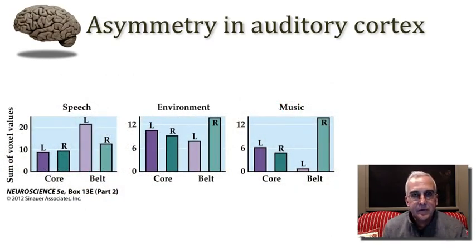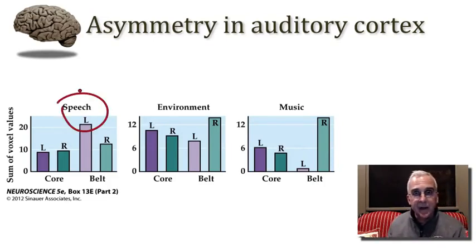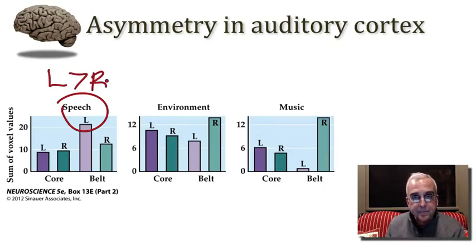And finally, I'd like to show you just a little bit of data on this point of asymmetry in the region of the auditory cortex, and just highlight some of the specializations that we're beginning to learn about this fascinating part of the brain. As you listen to my voice, there is a greater volume of your left auditory belt region activated compared to your right. So left is greater than right when listening to human speech.